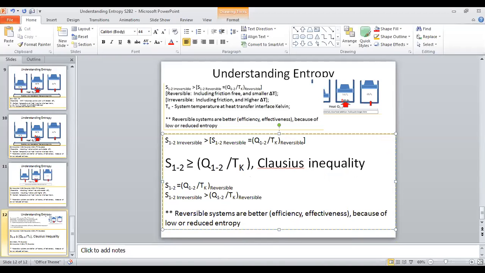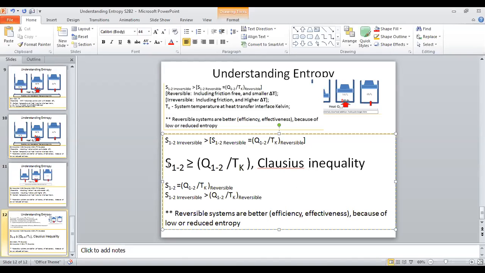Clausius inequality, or Clausius statement. Either one is okay.